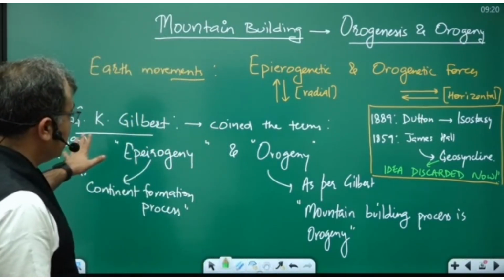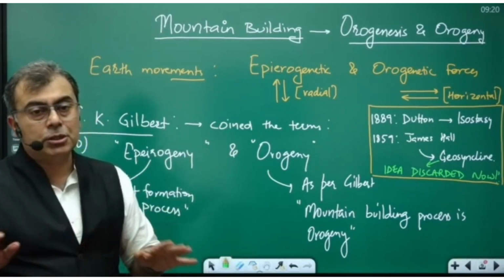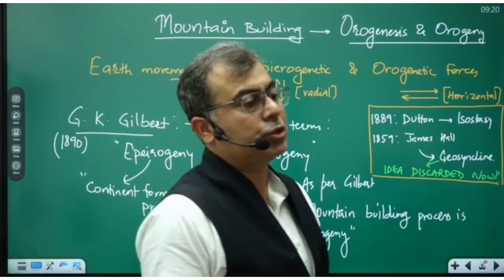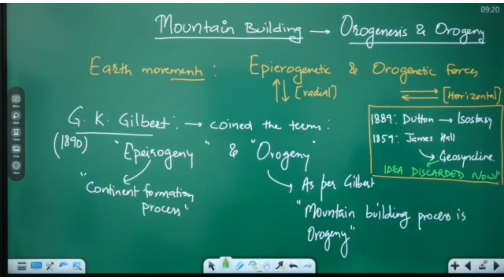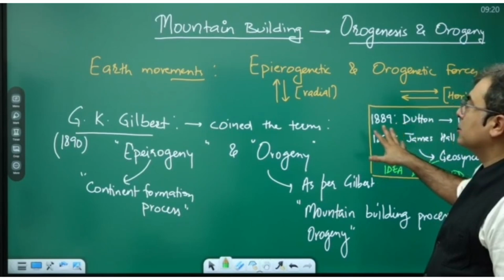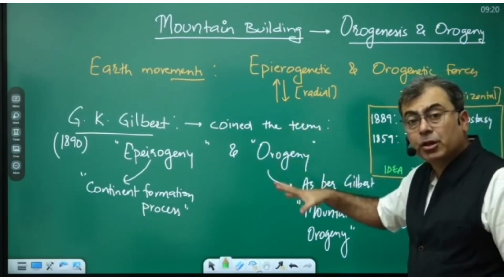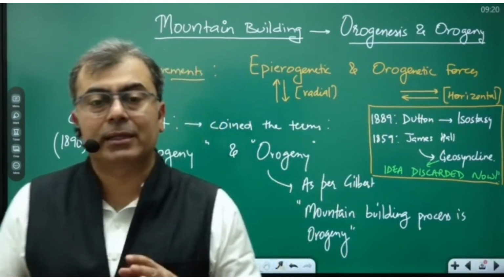Regarding Gilbert's idea that orogeny means mountain building, modern geologists do not call it orogeny. Modern geologists have a different meaning for orogeny. So these are all old people, geologists at work. This is the history of geology, when these early ideas were coined. So, where did these ideas come from?